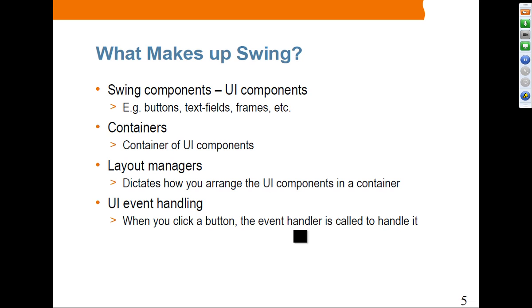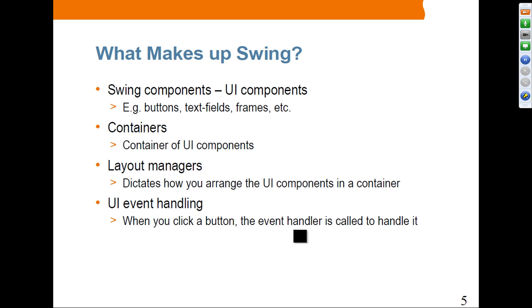Then there are layout managers. Layout managers are used to specify how you want to arrange these UI components in a container. So you might want to see them in a grid layout manager, right? Layout managers give you a choice in terms of how you want to lay out these components on the screen.